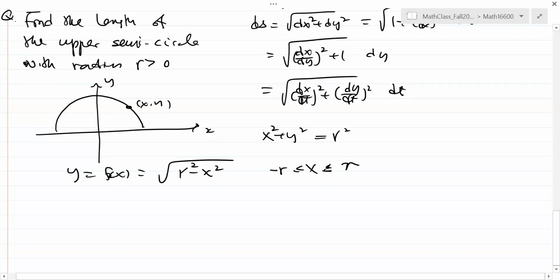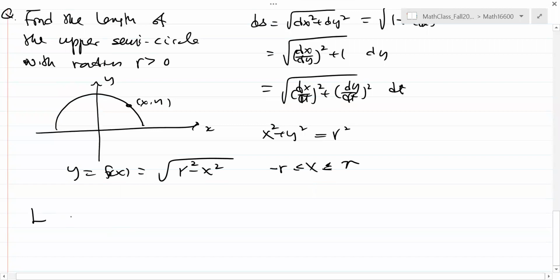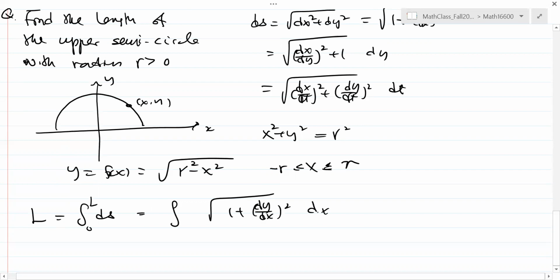Then according to the formula, the length is going to be, first of all, you have this ds, which is a trivial formula. But I'm going to change it to the integral of the square root of 1 plus (dy/dx) squared, dx. The domain for the x variable is from negative r to positive r. So you change the variable s to x.